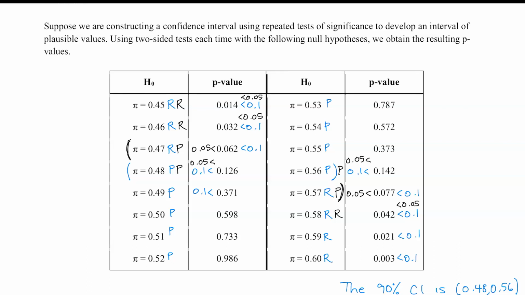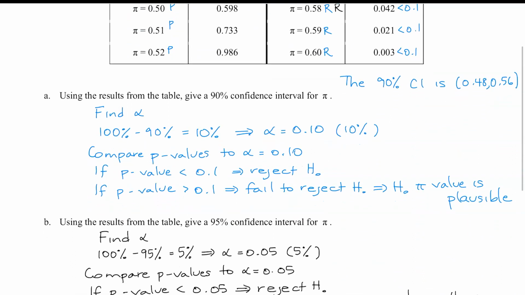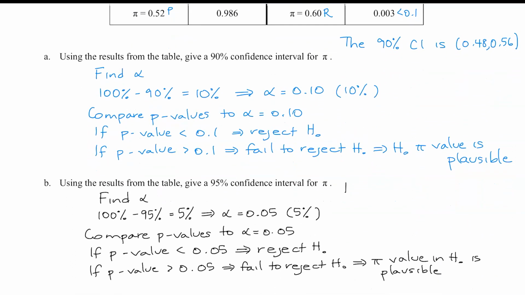So my first plausible value at the 0.05 significance level, or the 95% confidence level, is 0.47, and my last plausible value is 0.57. So the 95% confidence interval is from 0.47 to 0.57.